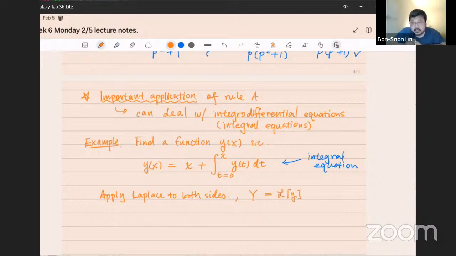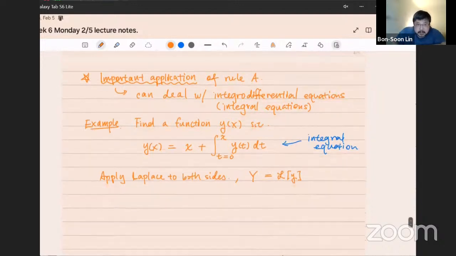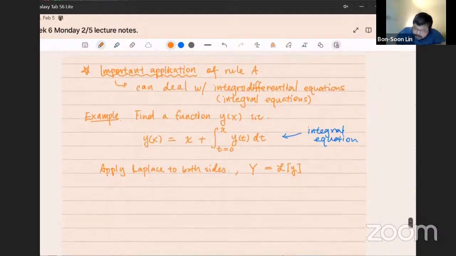So if I apply Laplace to both sides, let's see what happens. This little y turns into big Y. The Laplace transform of little x is what? It's 1 over p squared.